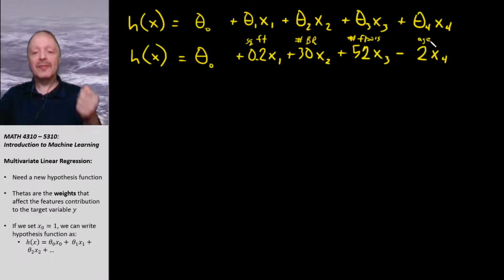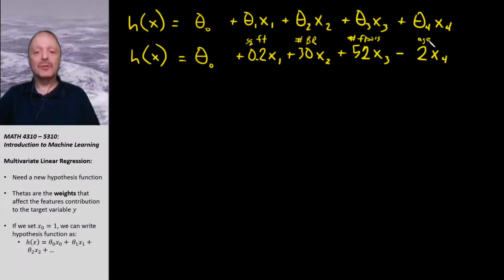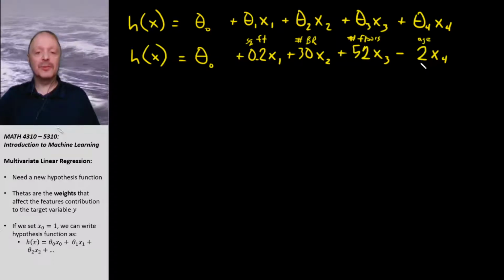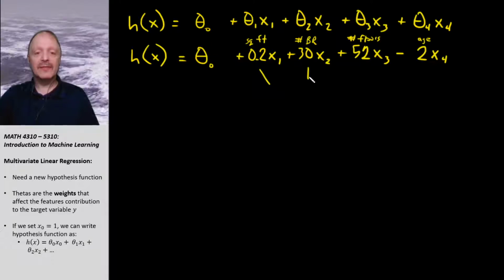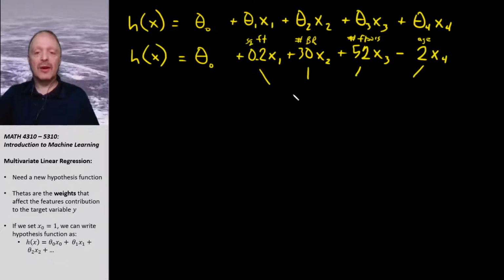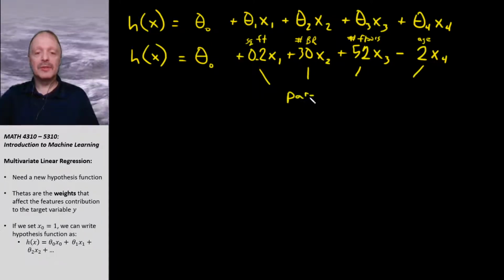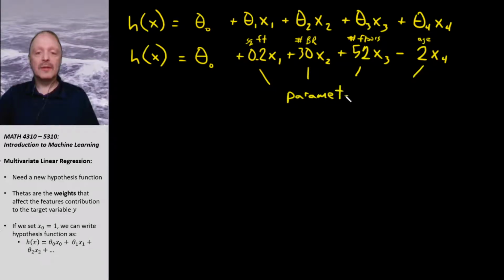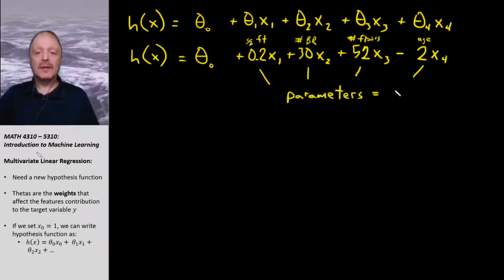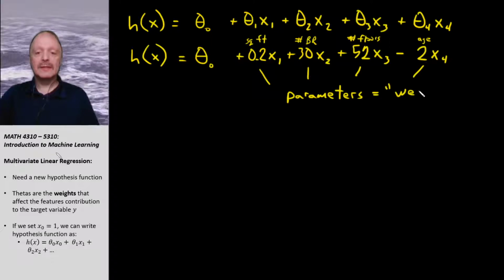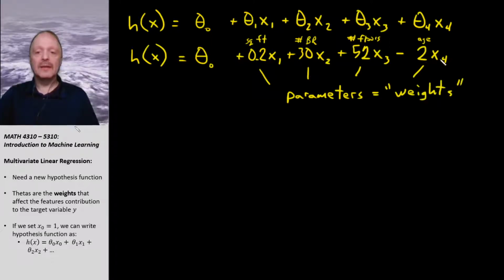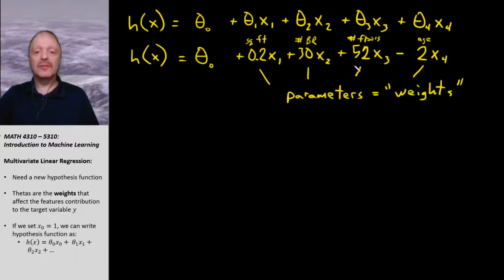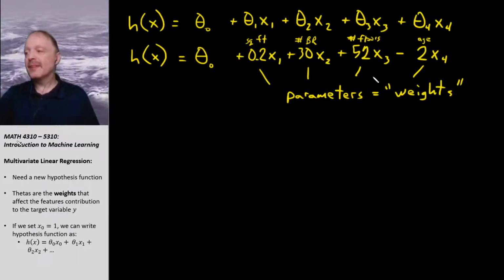And for every year that the house is old, you lose $2,000 worth of value. That's why these parameters are the weights that are applied to the actual feature values, okay?